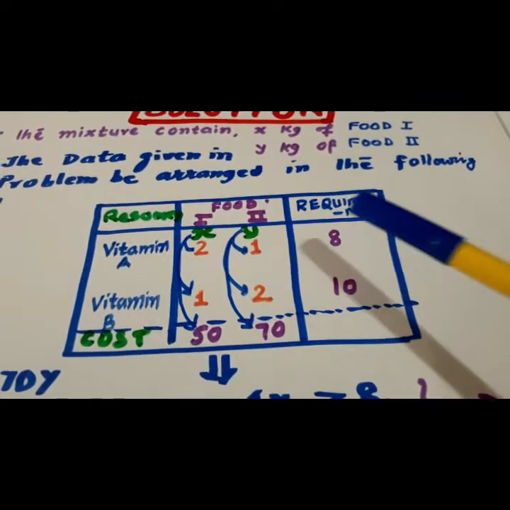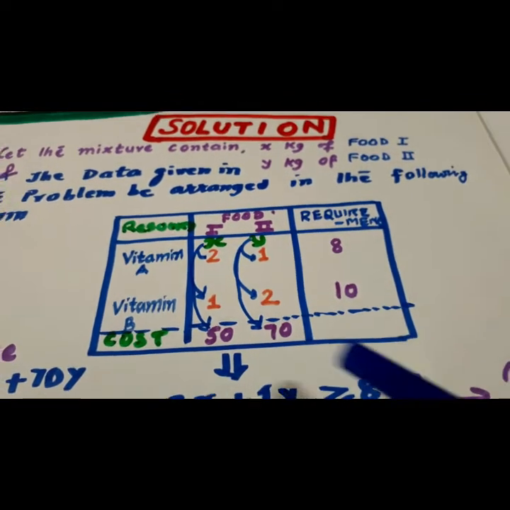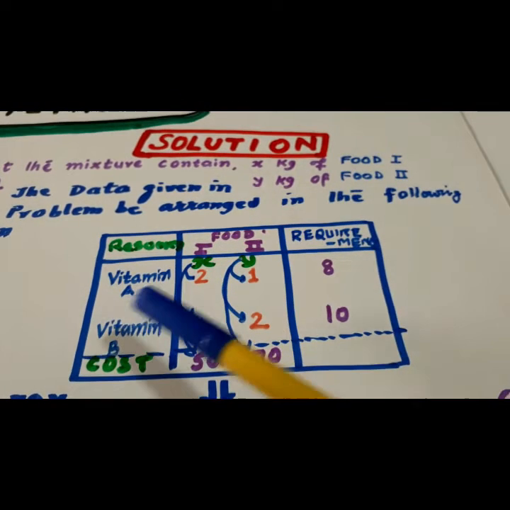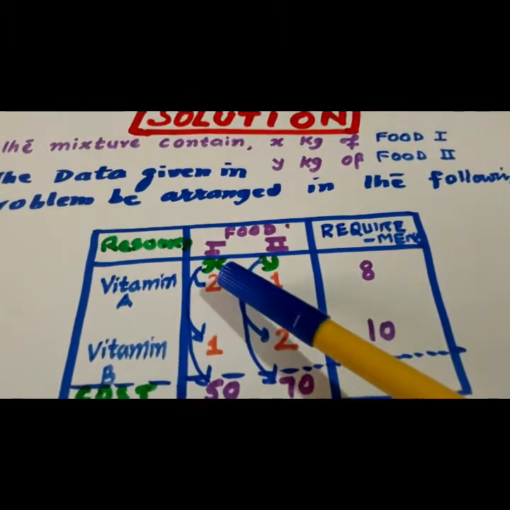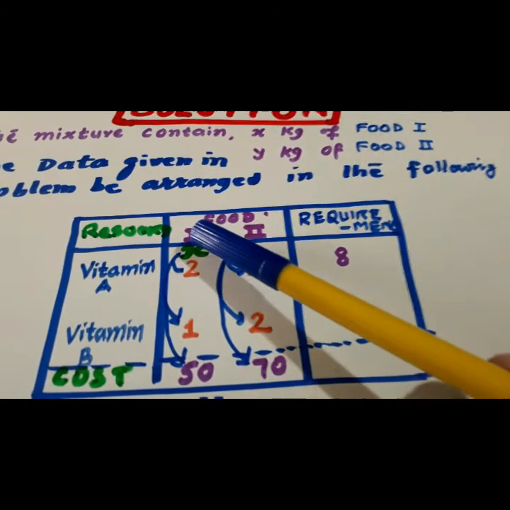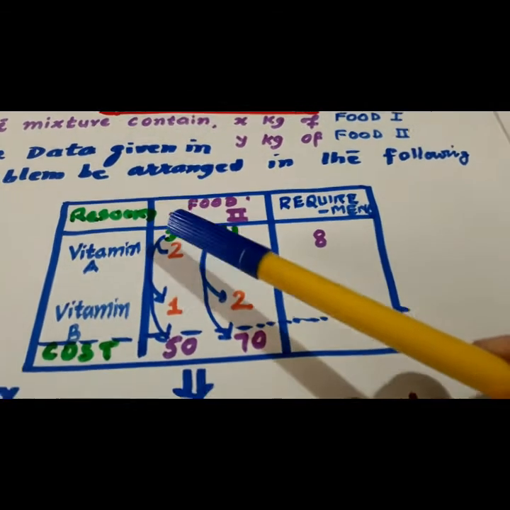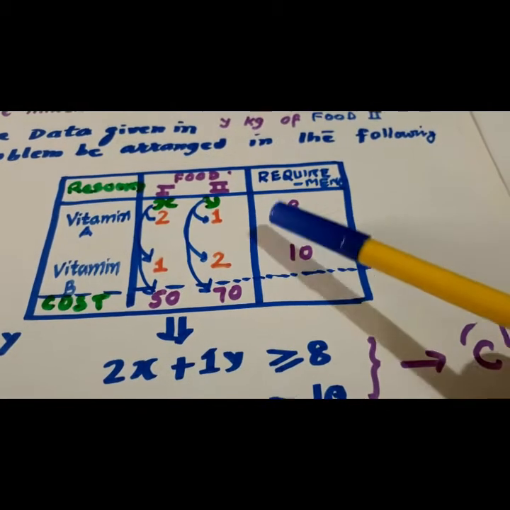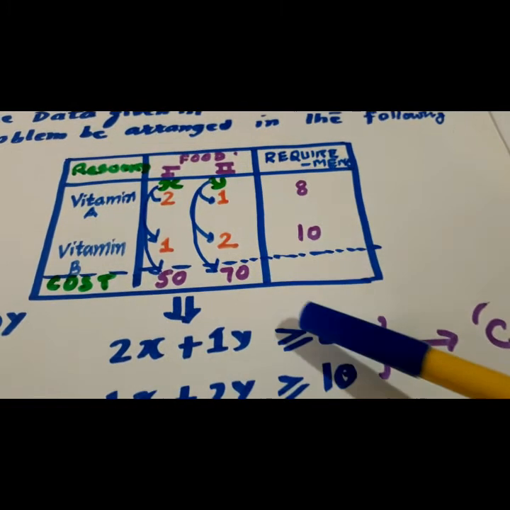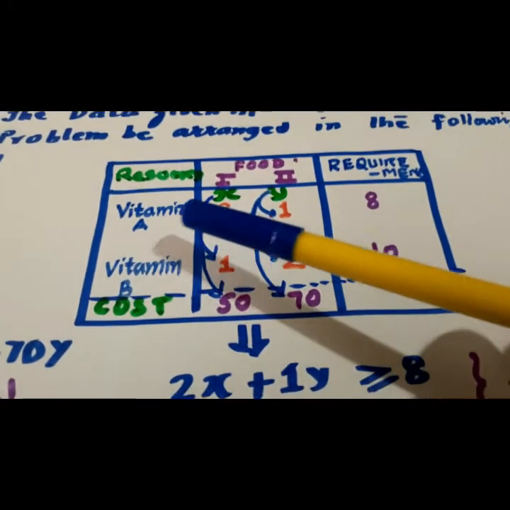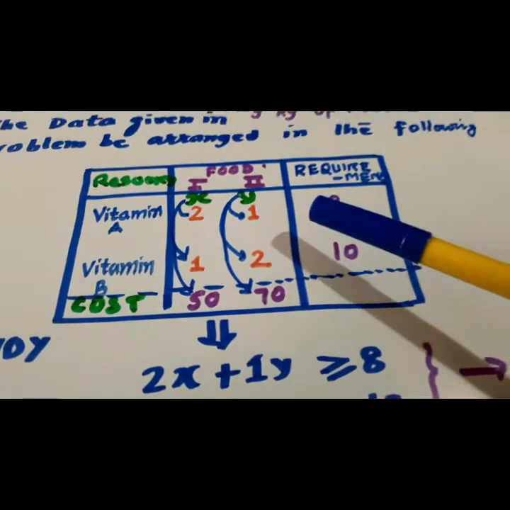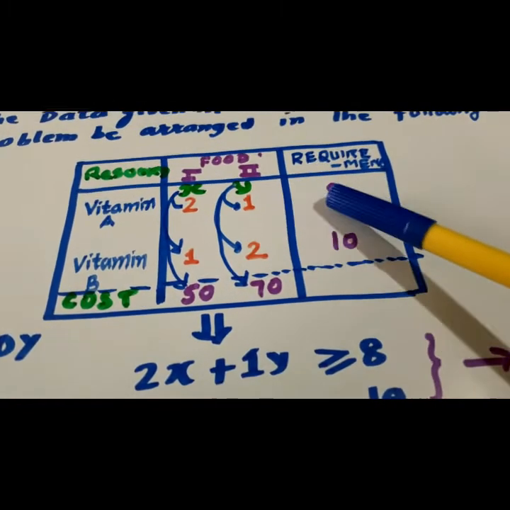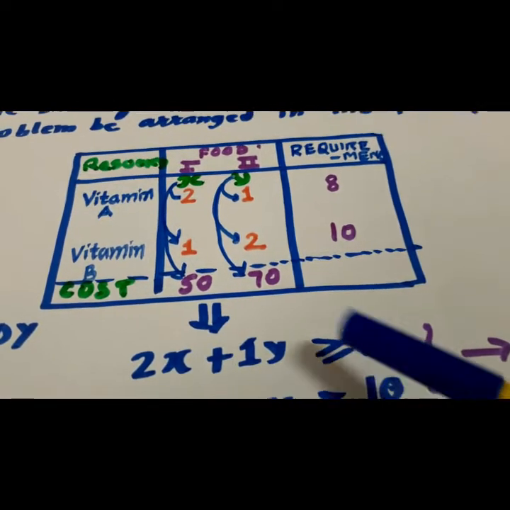देखिए, इस तरह का आपको जो डाटा दिया हुआ है, you have to put it in this shape and write here x and y. Go on multiplying x with 2, y with 1. It becomes 2x plus y. It should be less than equal to, it means greater than equal to. That is, at least means greater than equal to.